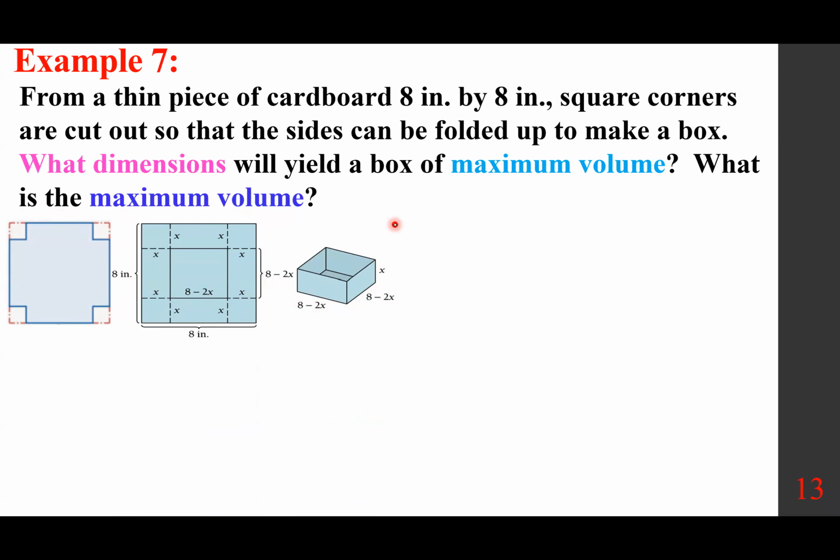So the objective is to maximize the volume, which is the length times the width times the height. And the constraint is that the length and the width are the same, 8 minus 2x, and the height is x, which means you replace it in this formula.